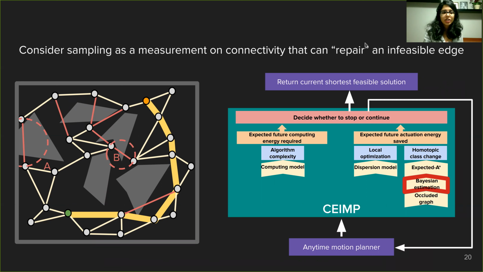For example, edge A is an edge that can never be repaired in that neighborhood since there's no feasible path from the edge start to the edge destination. Meanwhile, edge B is an edge that if we sample more in that neighborhood, we most likely would be able to repair and find a feasible path from edge start to edge goal. And we want to predict which edges are which through these measurements.